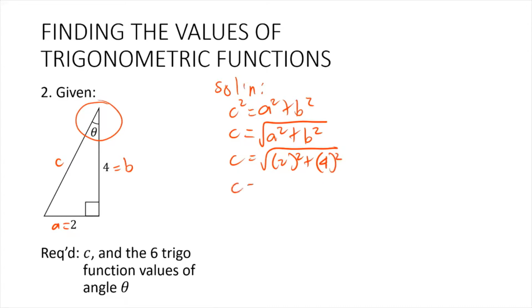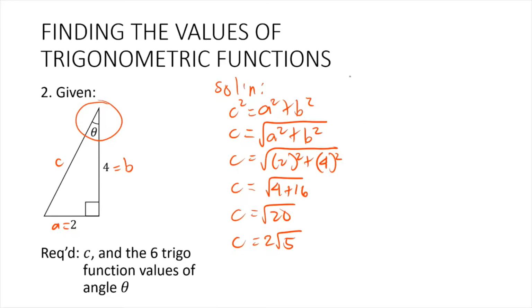So we have here C equals the square root of 4 plus 16. That's square root of 20. Okay. And 20 is 4 times 5, where square root of 4 is 2. So this can be simplified as 2 square root of 5. Okay. So C is 2 square root of 5 units.